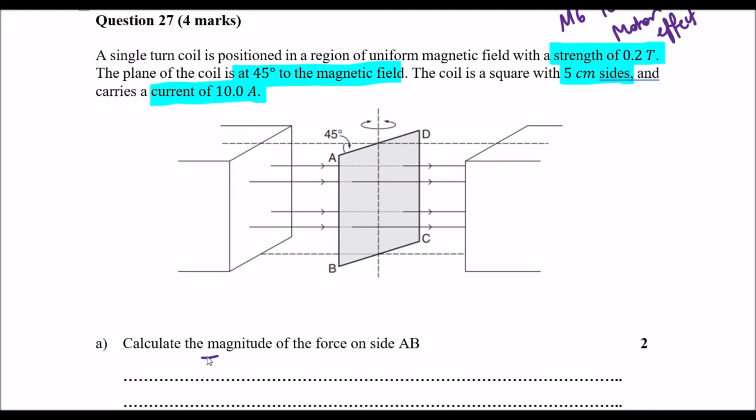So the formula we're using is F equals BIL. So what we need to work out here is whether or not the magnetic field is coming at this wire here at right angles or at an angle of 45.